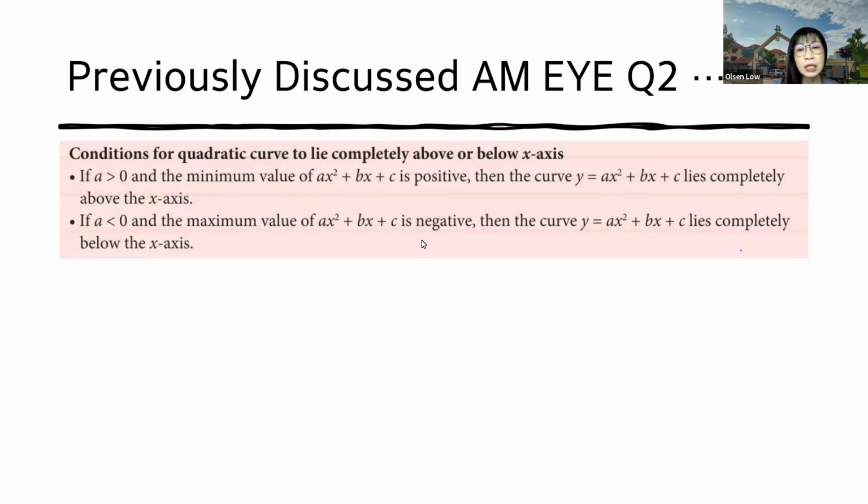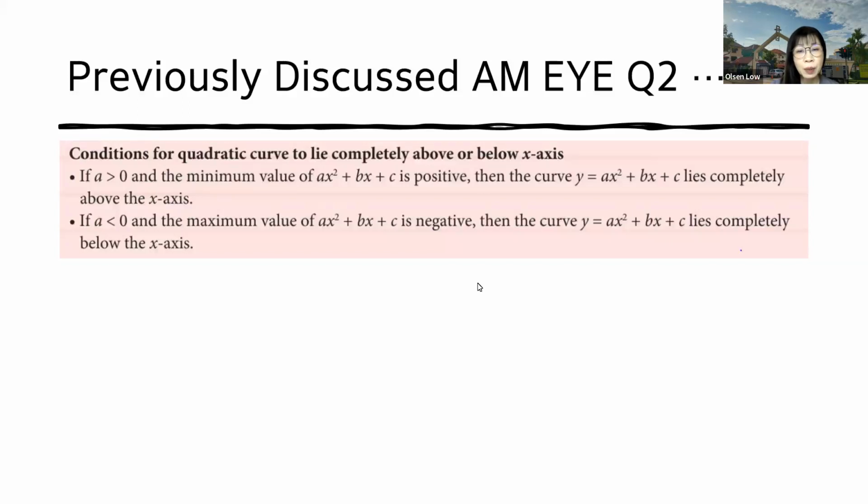Similarly, if the curve lies completely below the x-axis, then the coefficient of x squared, which is a, has to be less than 0, and the maximum value of the curve is negative. So this was what we discussed in question 2.